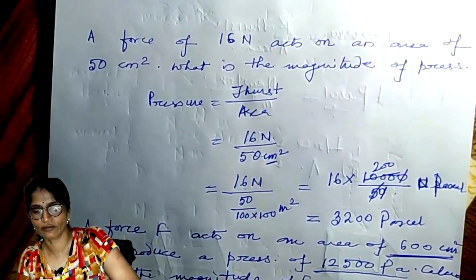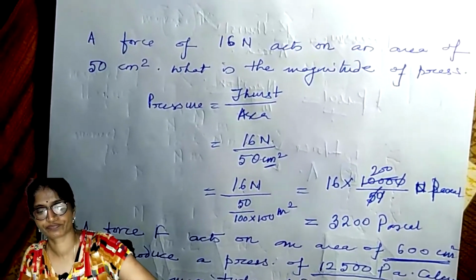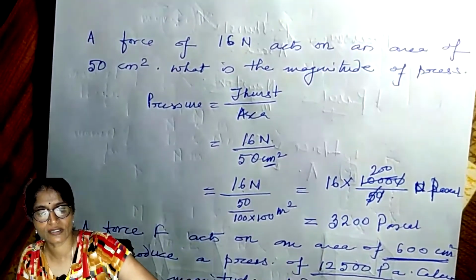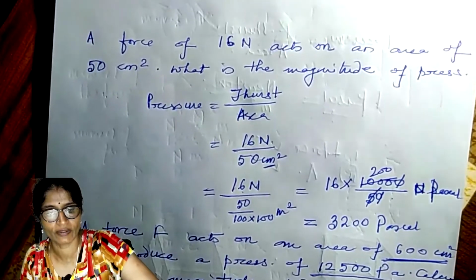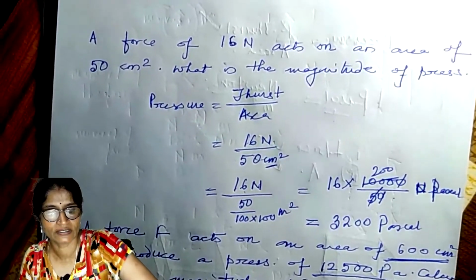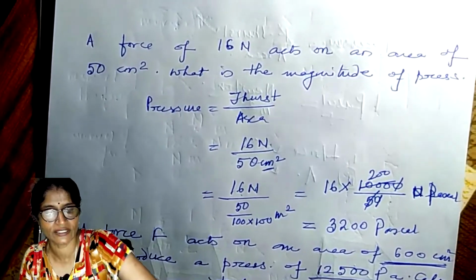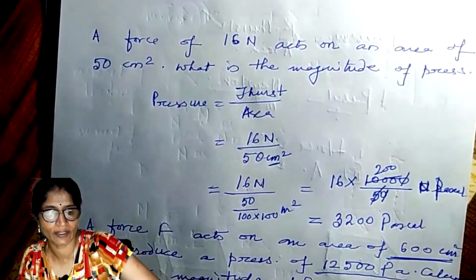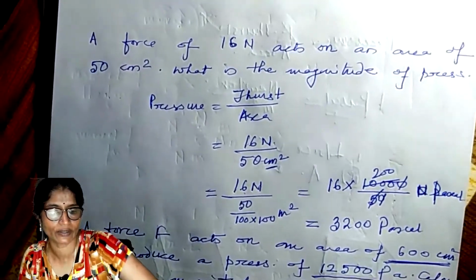Here I have to find out F. So F is equal to P into A. P is given to you, P is equal to 12,500 Pascal, and your area A is equal to 600 centimeter square, that is equal to 600 divided by 100 into 100 meter square.